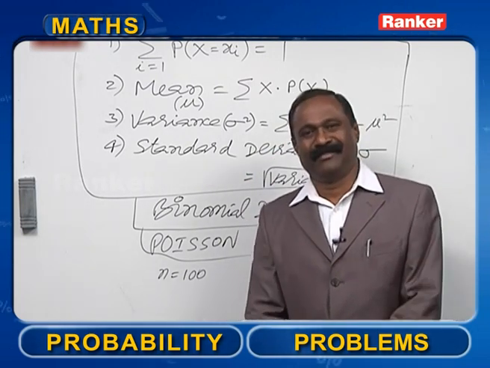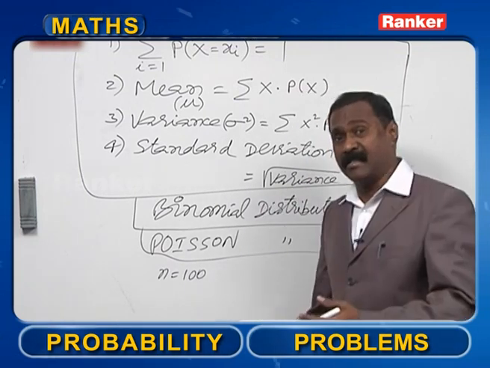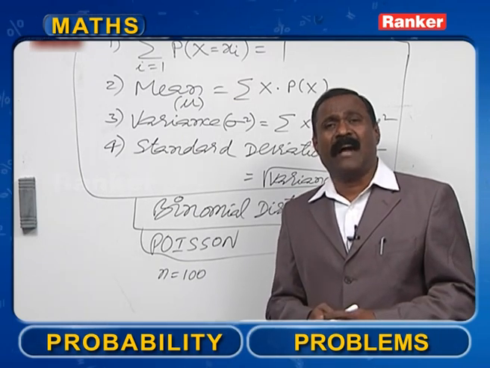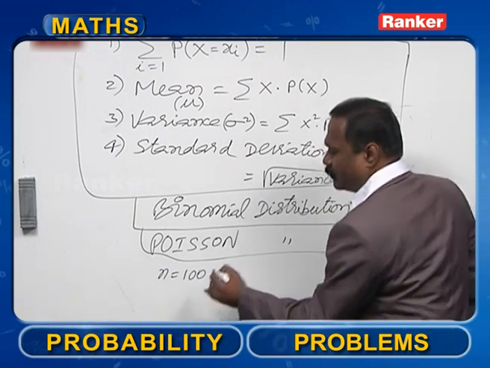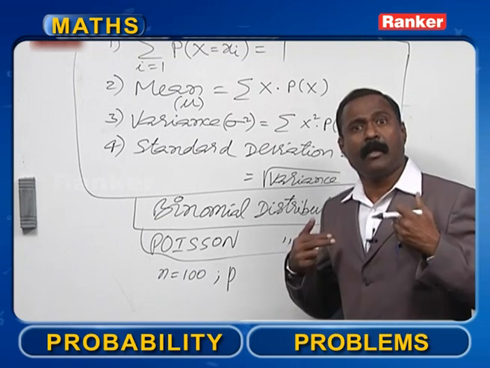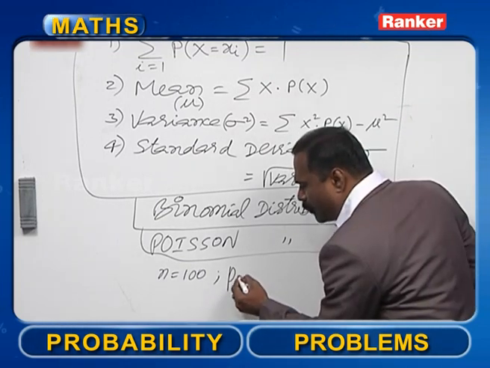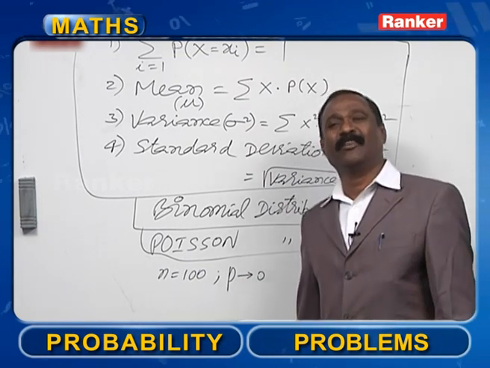It may not be possible in a place like Hyderabad, a metropolitan city. You will not have deaths in this area due to snake bite. So let me say my probability of success, which I have taken to be P, almost tends to 0. I'll not get it.